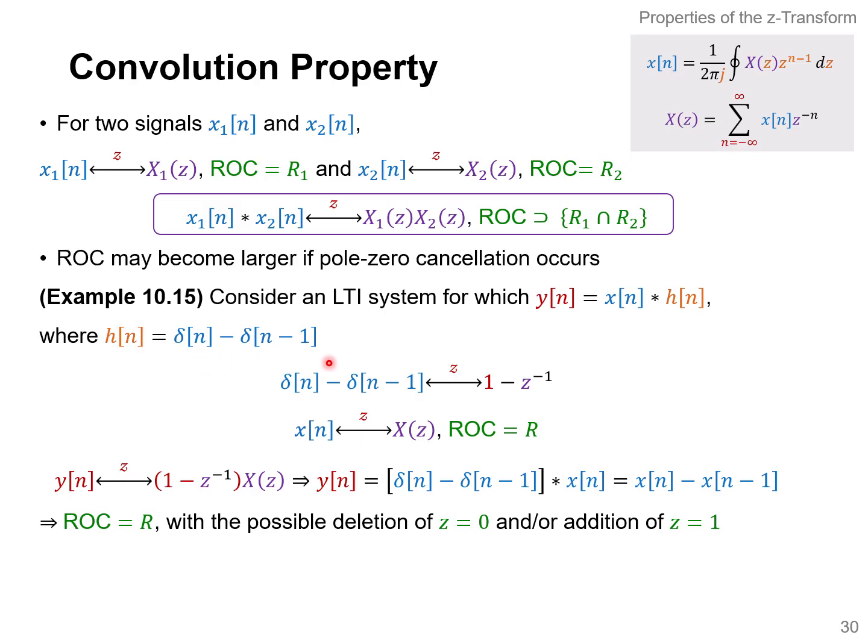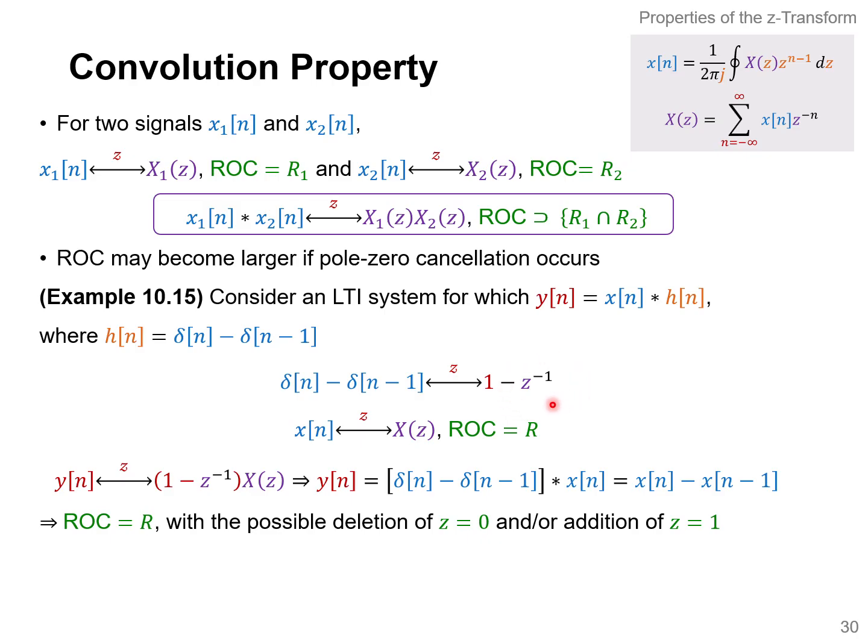This impulse response takes the current sample and subtracts the previous sample. In the z-domain, this impulse response becomes a simple expression, 1 minus a delay term.